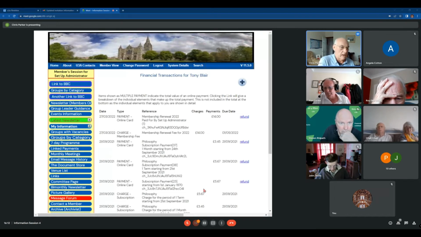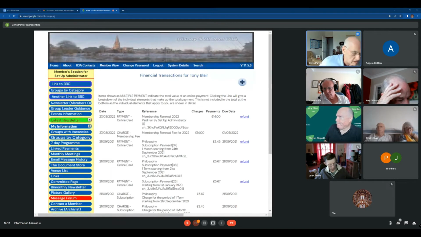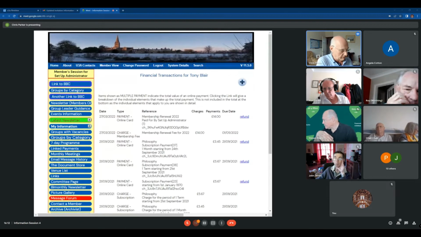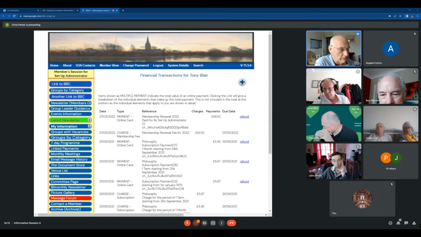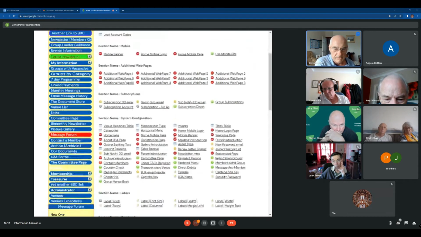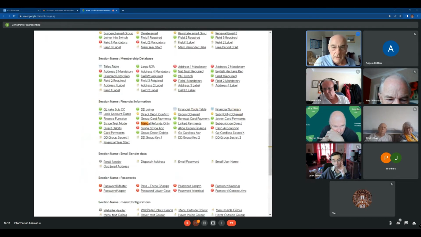Right. Okay. Refunds. I don't know whether anybody uses refunds in the system or how much they use them, but there are a number of ways to work refunds in the system. You can basically have it as a manual operation, and you've got a switch in system details, which I'm trying to remember what it is, called manual refunds only.